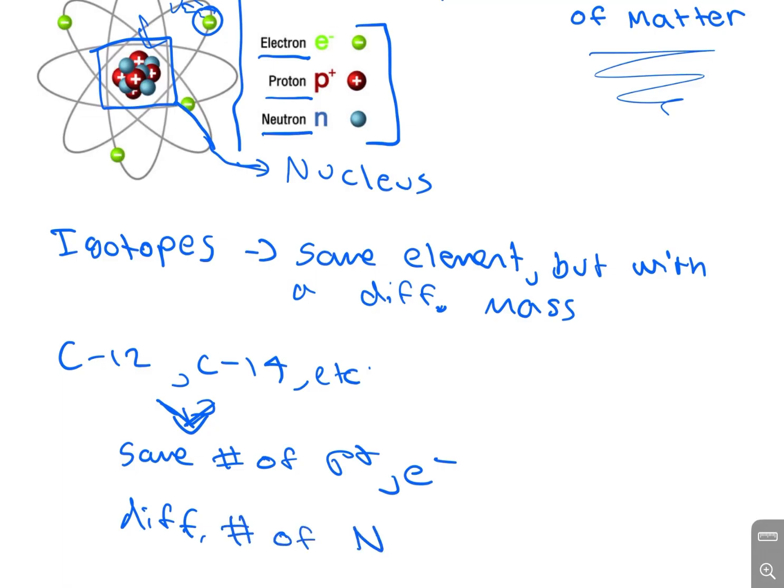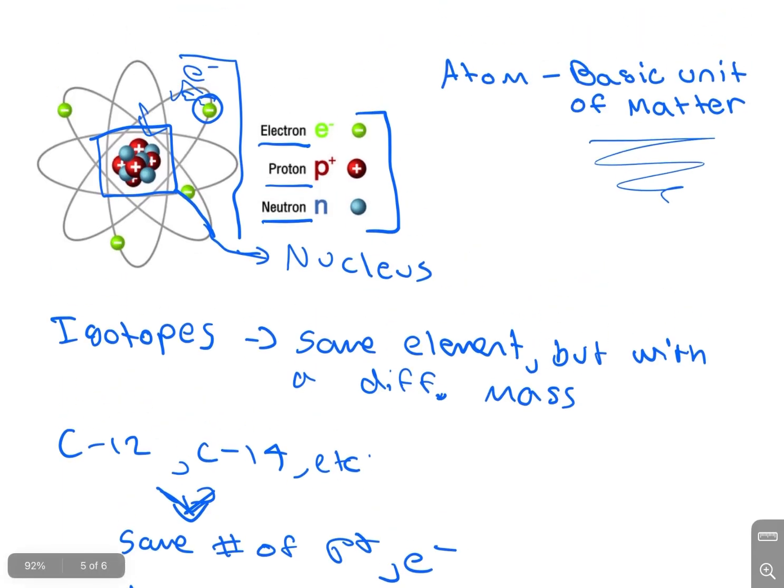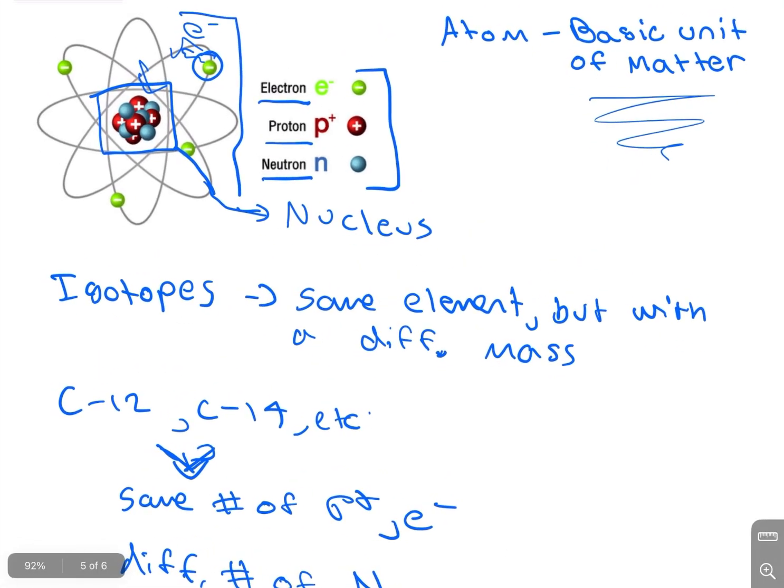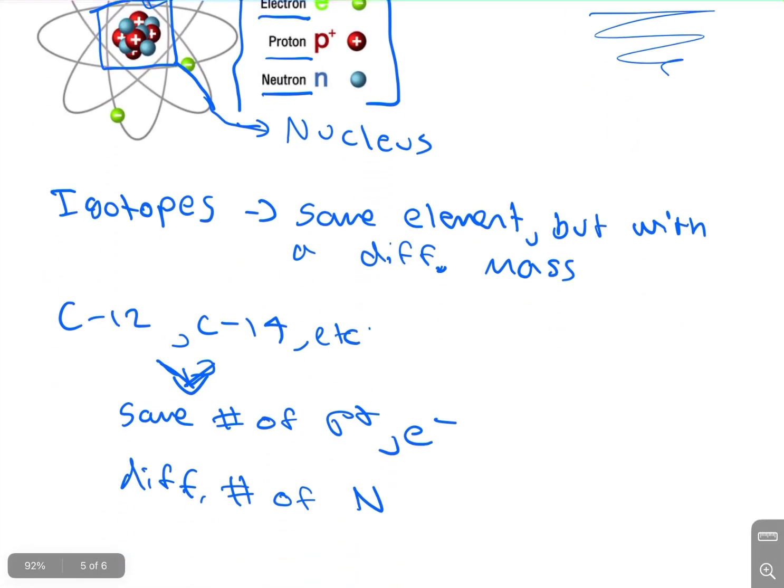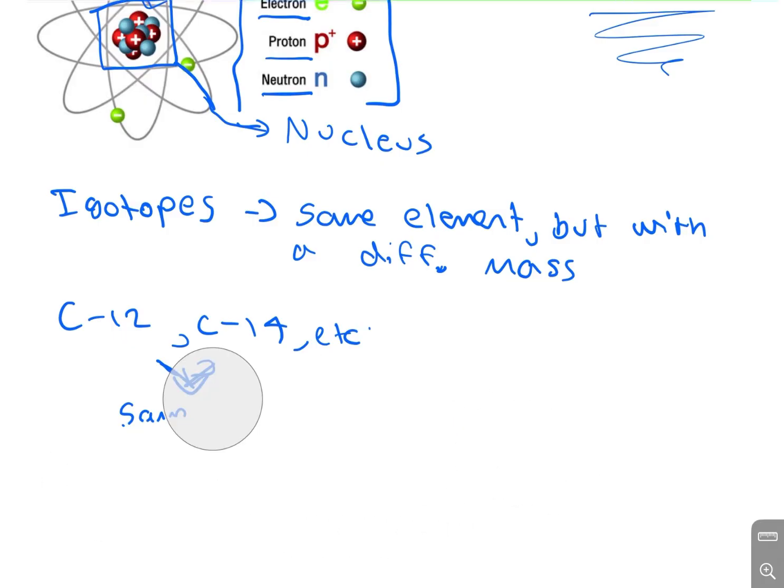So isotopes have a different number of neutrons but are the same element, and hence they have a different mass from each other. And that's basically it for atoms, isotopes, ions, electrons, protons, and neutrons.